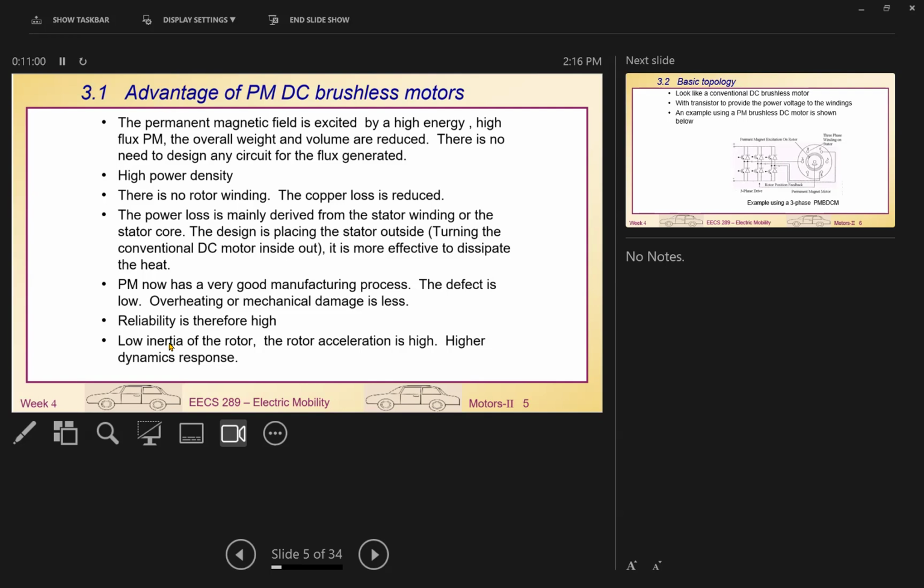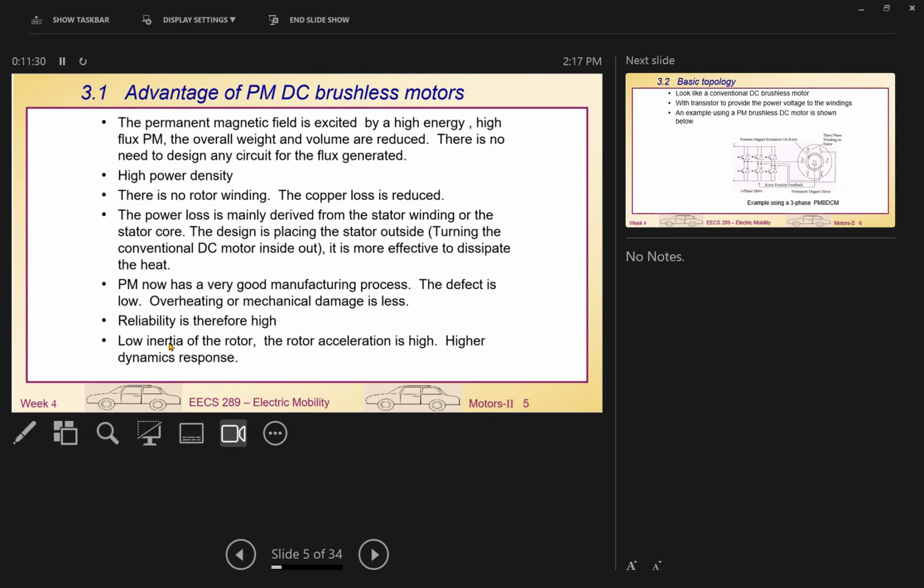You cannot ensure that after 1 year, 5 years, it is still able to have a constant air gap without any defect. So it's good because you have low inertia. That's why the acceleration, the speed up is also really good. The dynamic response is also really fast because you can speed up really fast with low inertia, so dynamic performance must be good.